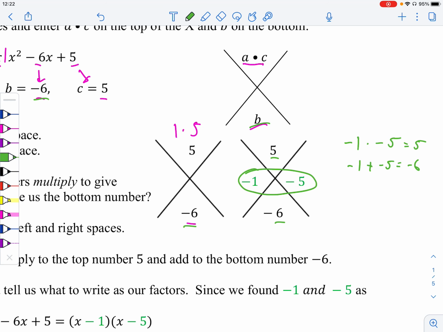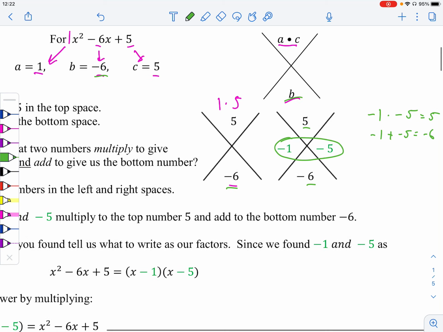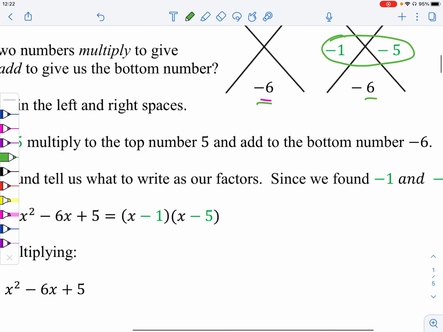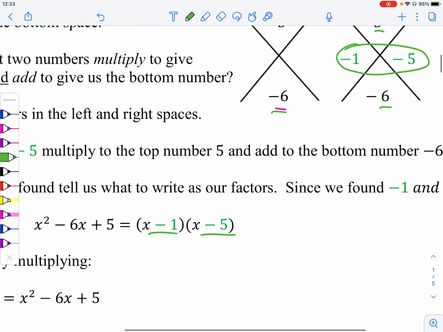So we're going to use that and just write it in our solution. So our factors right there are x minus 1, x minus 5. Once you find the x method values, -1, -5, we just put them into our factored form, and that's our answer right there.